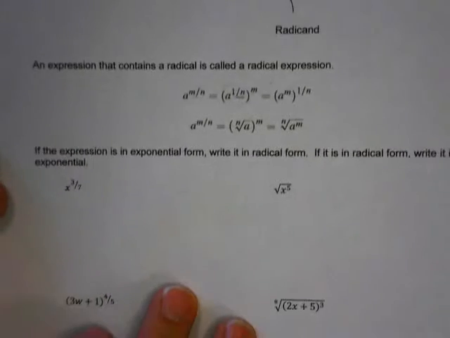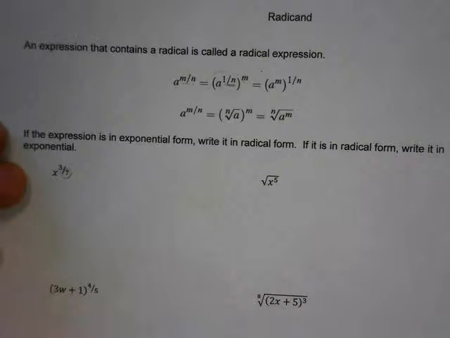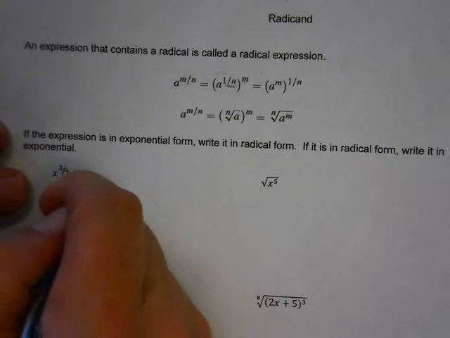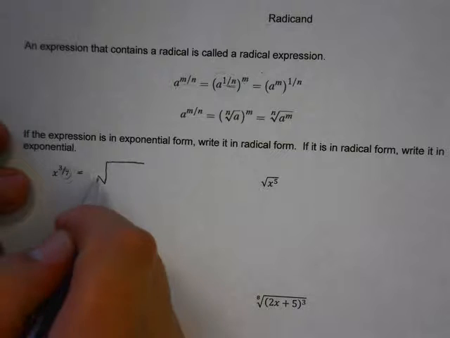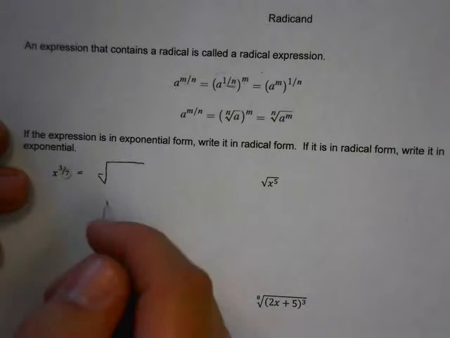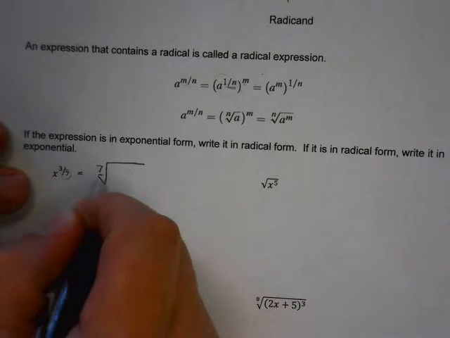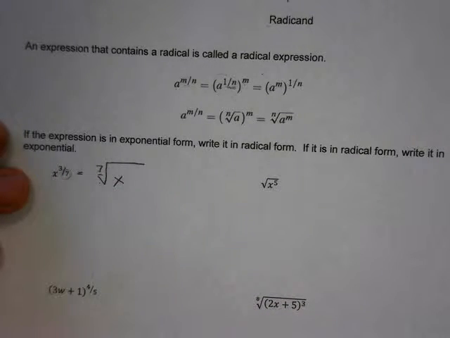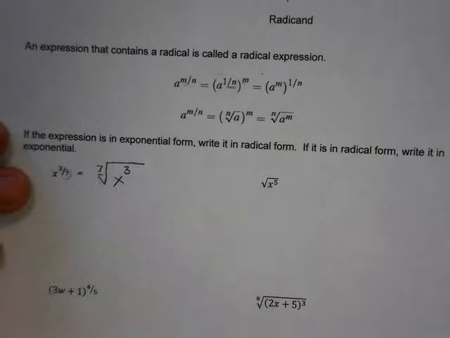So if we say x to the 3/7, what is this 7 really telling us? If we want to write this in radical form, this is going to equal some radical, but what's the index going to be? 7. So this is the 7th root of x what? To the 3rd. The 7th root of x cubed.